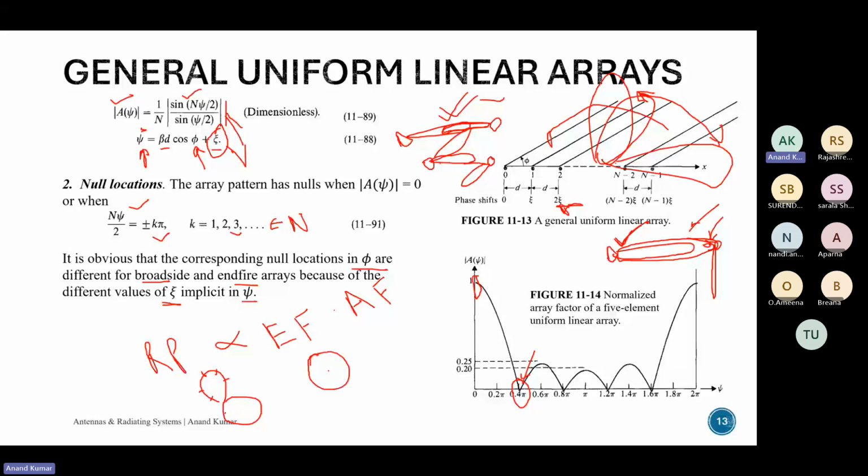So it essentially means it has equal gain in one of the planes. But based on how we arrange the array, the array factor could be something like this.